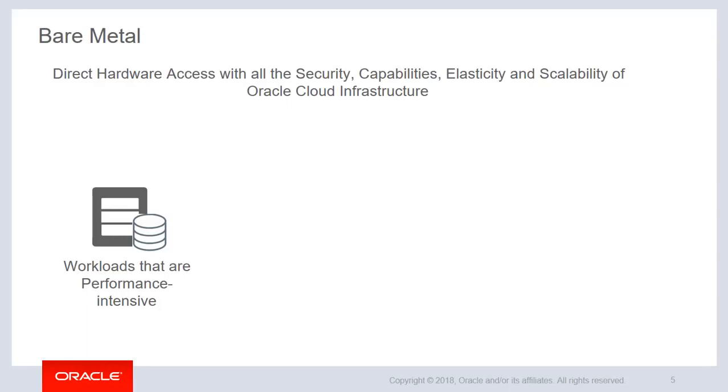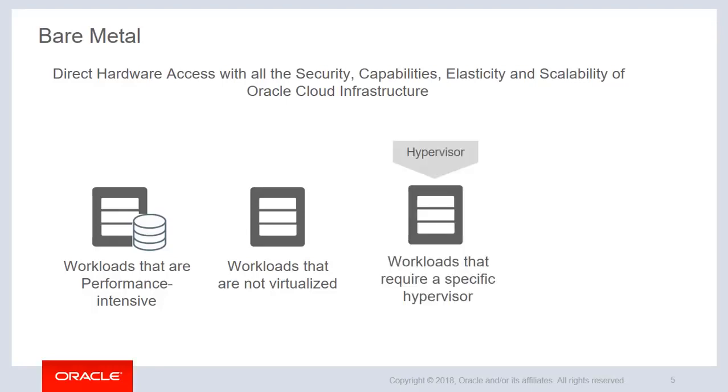Well, workloads that are performance intensive. Think about it, databases, good candidate to run on bare metal. Workloads that are not virtualized, there's still a class of workloads which is not virtualized, whether it's for performance, security, whatever reasons, those workloads are good candidates for bare metal instances. Workloads that require a specific hypervisor.